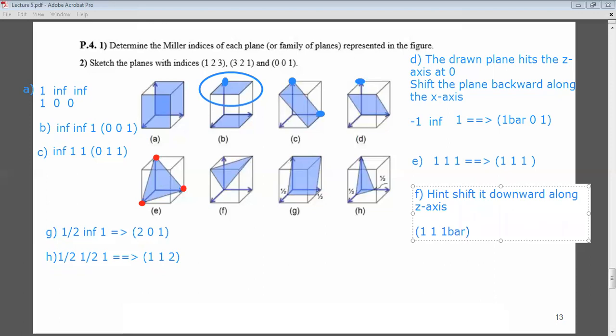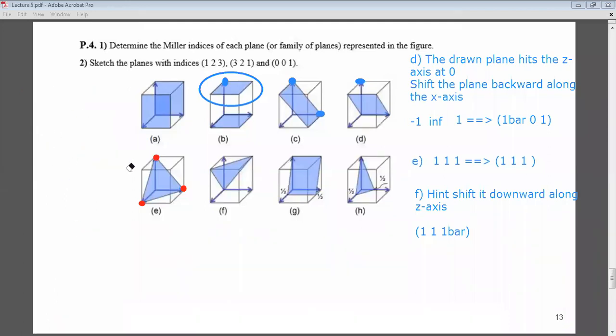Now, we are not done here. Let me erase. Okay, so sketch the planes with indices 1, 2, 3, 3, 2, 1, and 0, 0, 1. So let me do some of them. So we have the x-axis, we have the y-axis, and we have the z-axis.